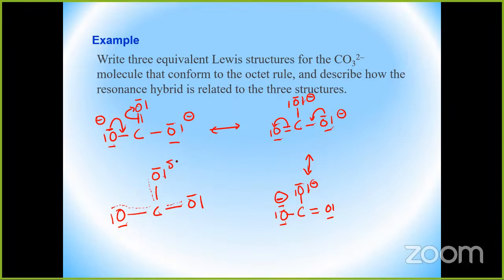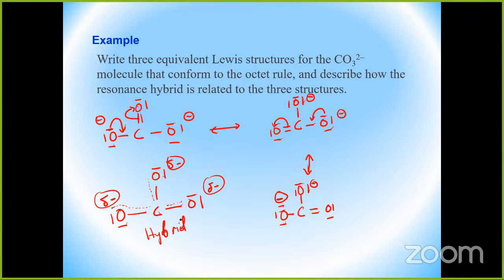And we're going to have a partial negative charge here, a partial negative charge here, and a partial negative charge here. All right, so this here is the hybrid of those 3 resonance structures, right? It's basically the structure which takes into account the other 3 individual resonance structures that you can draw on paper. Okay, so that's basically how that is done.